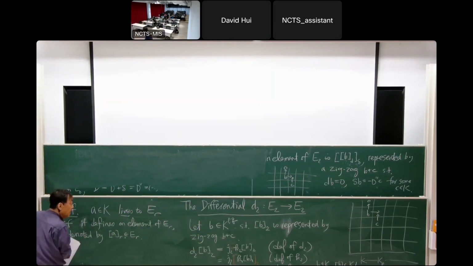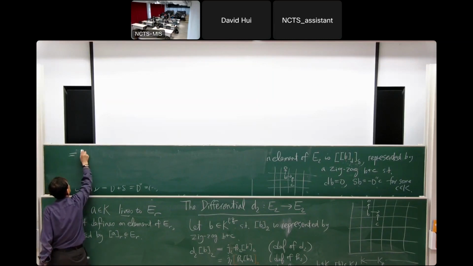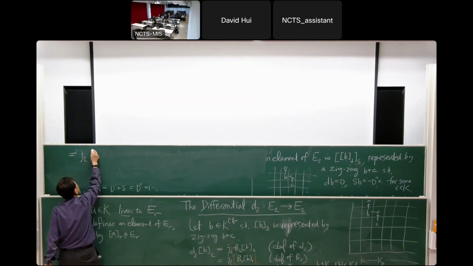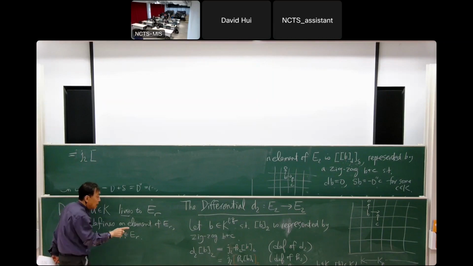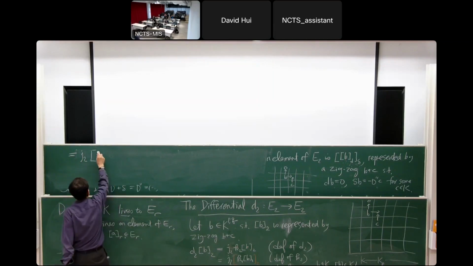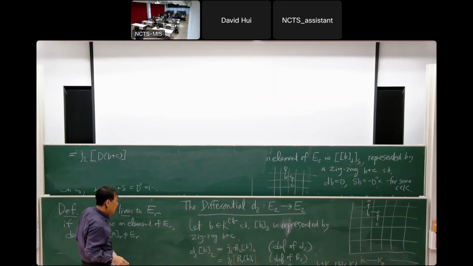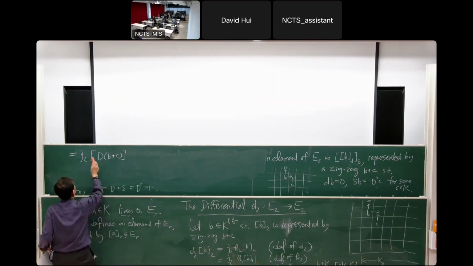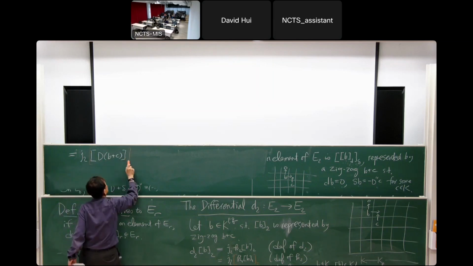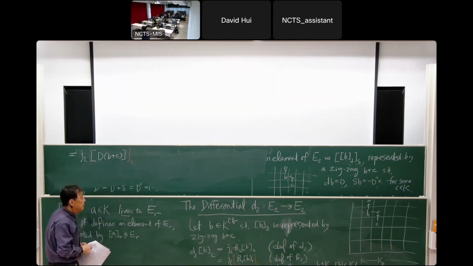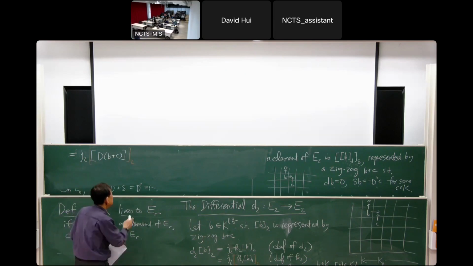Now I have J2. K is given by big D, and then take the class in E2.